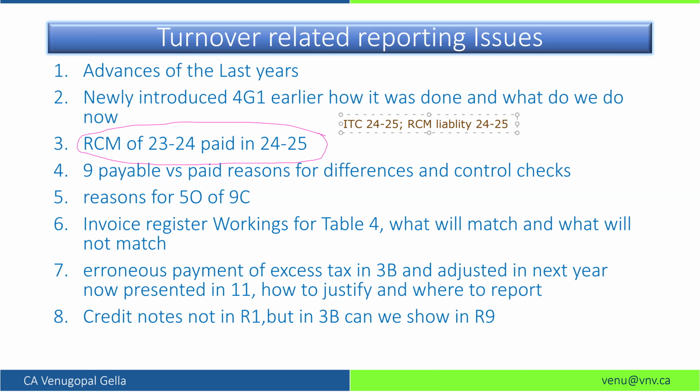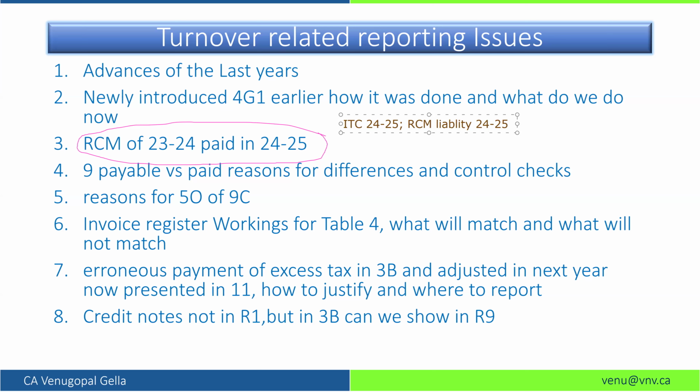If I disclose in table 10, then the problem would be when you're matching with your 9C. 9C compares your table 7 outward supply liability with 4 plus 10 minus 11. Whole of GSTR 9, any position you take, you will be violating some or the other value. So it would be showing up something different.